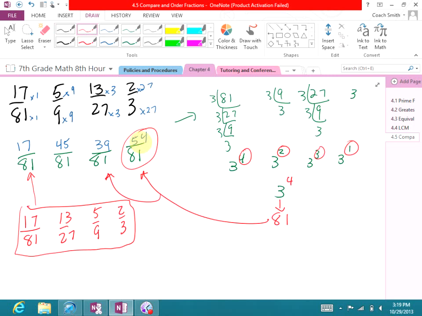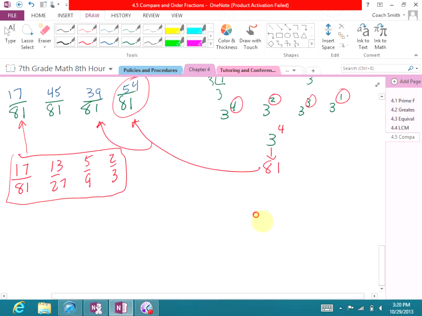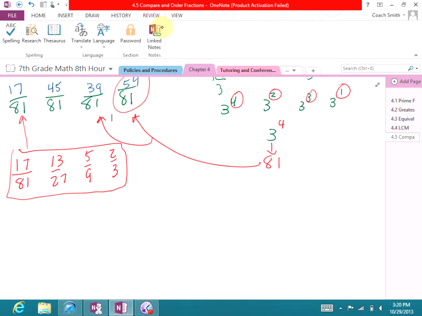But 5 over 6 is still bigger than 100,000 over 1 million. It doesn't matter how big the numbers are in the fraction. It's what happens when they both have the same number. That's a simple example I can show you.